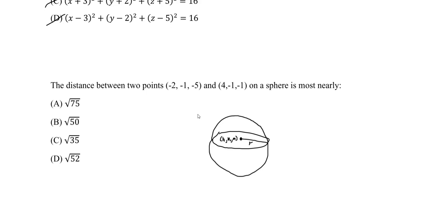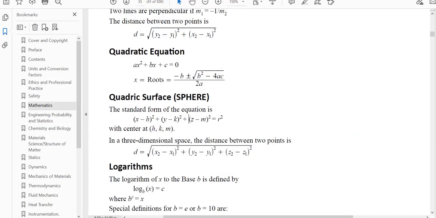And what's happening here is they give us 2 points on the sphere. They give us 1 point here and maybe 1 point here. And what we want to determine is the distance between these 2 points. You just use an equation in the FE handbook. So we're going to use this equation. So in 3-dimensional space, the distance between 2 points is arrived at by this equation.